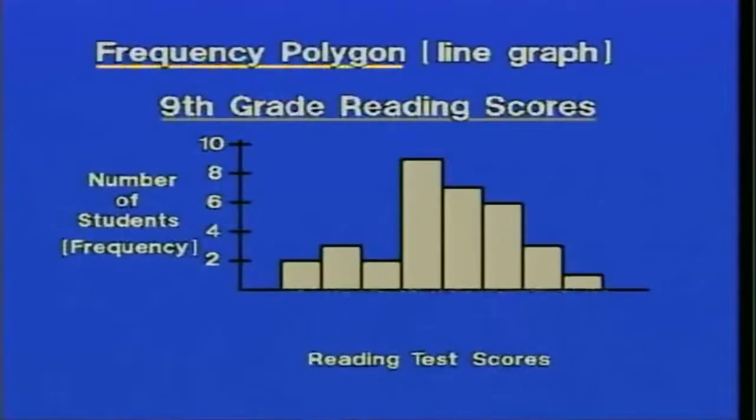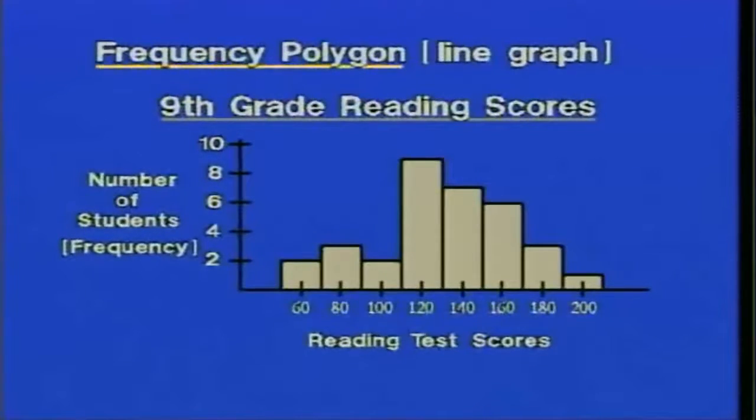All we need to do is identify midpoints of all of the classes that we have listed at the bottom of the graph, and I have identified relative midpoints for all of these. And then from those midpoints, just identify a point at the top of the bar from those midpoints, kind of like this. And then we always want on a frequency polygon to begin at 0 and end at 0.